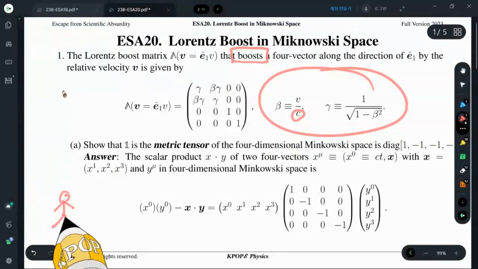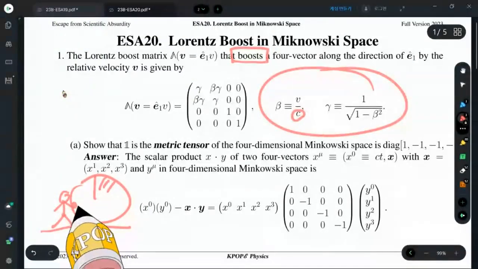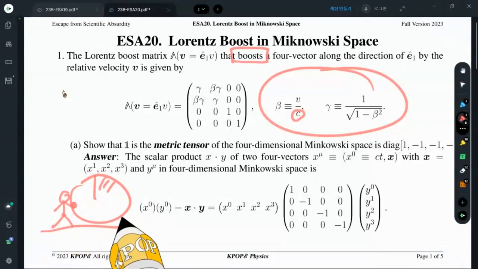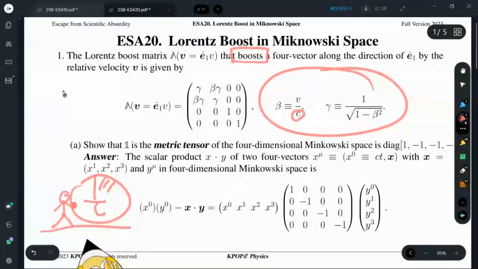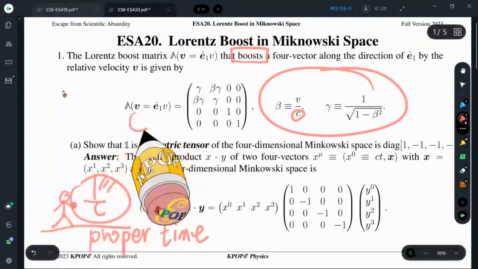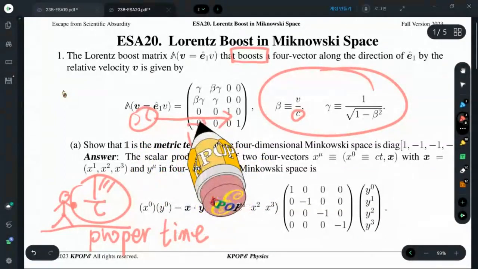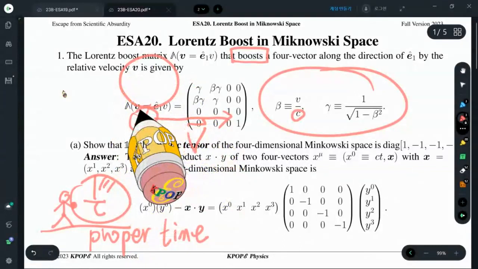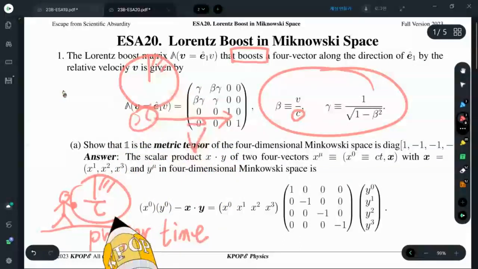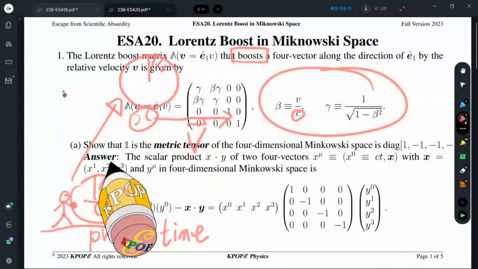Suppose that you are standing in here, you have a watch. Your hand and watch, they are stuck together. This watch does not move at all. This one shows tau, that is called proper time. However, we have a ball, flying ball, with velocity v, and there is a watch attached to this ball, and you watch this watch, moving watch.